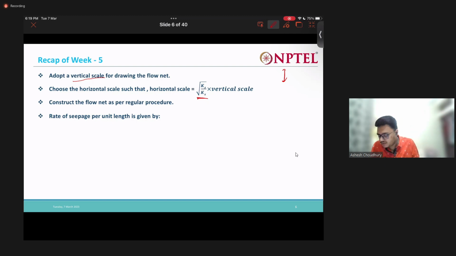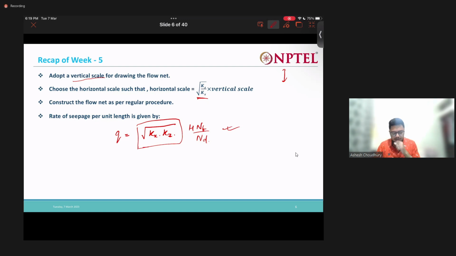After drawing the flow net, the rate of seepage in this case will be given by Q equal to root over Kx into Kz into the same expression as before. Before there was only a single K, but now our new flow will be given by this equation. In place of K we use an equivalent K, equal to root over Kx into Kz.